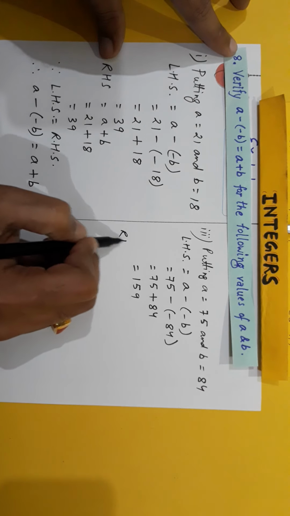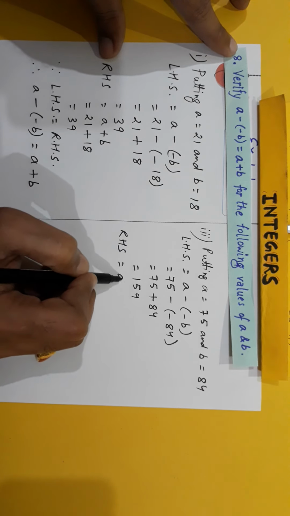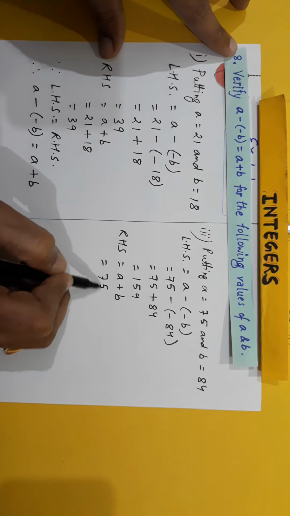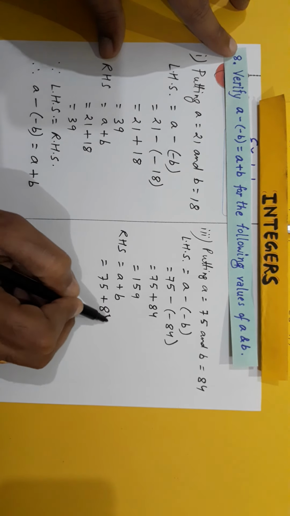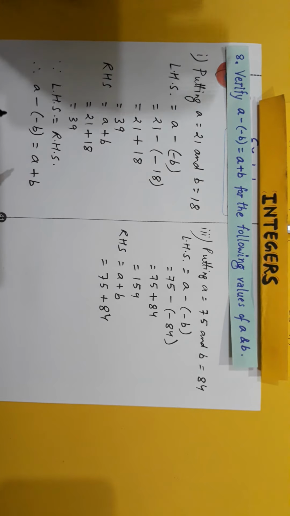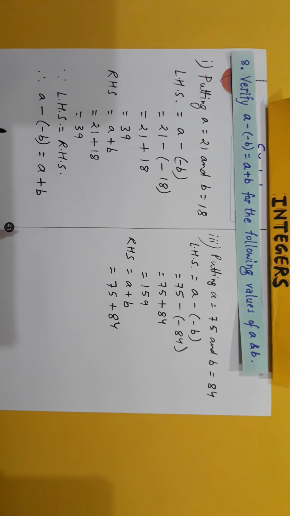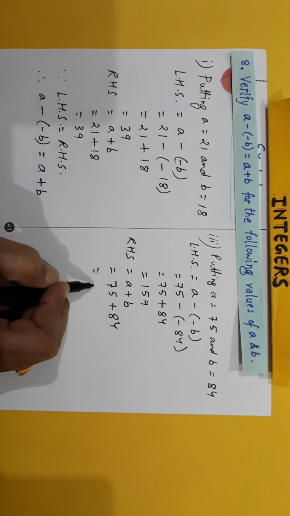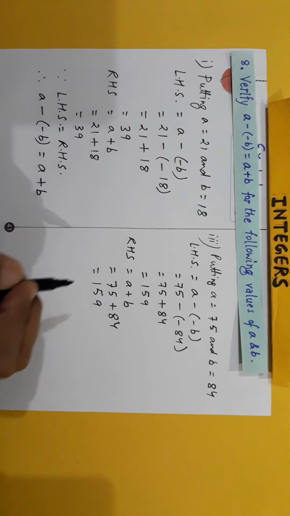Now I am taking RHS. In RHS it is a plus b. So 75 plus 84, and when you add these two, what do you get? You get 159 here also.